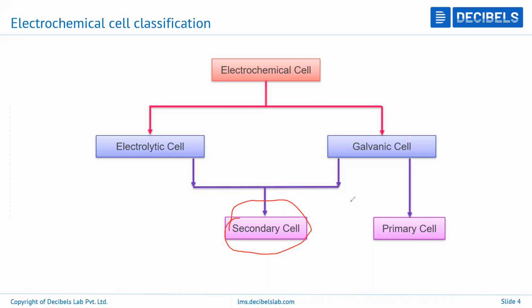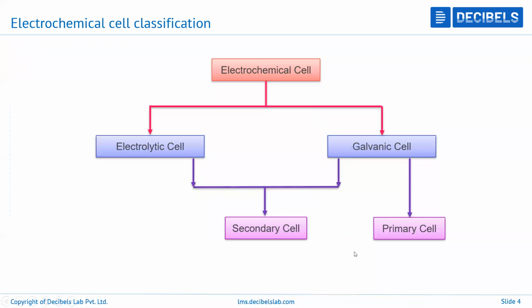It can produce electrical energy from the stored chemical energy, and vice versa, it can receive electrical energy from an external source and replenish the chemical energy. Nowadays, most of the lithium ion cells that you see, or most of your lead acid batteries and NiCad batteries, are rechargeable and they fall under the category of secondary cells. So this is the basic classification of an electrochemical cell.